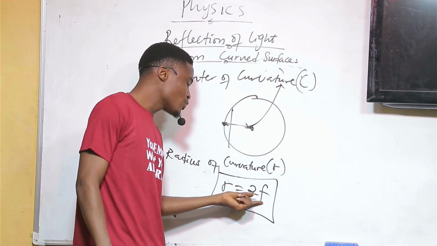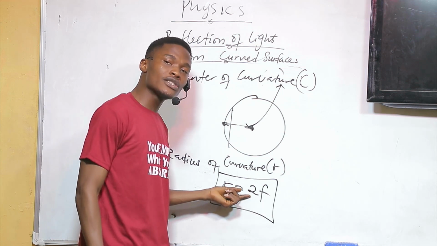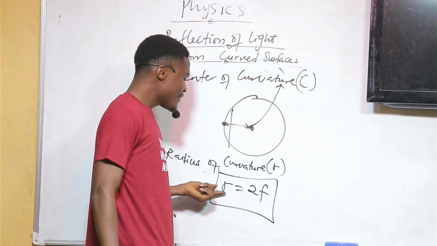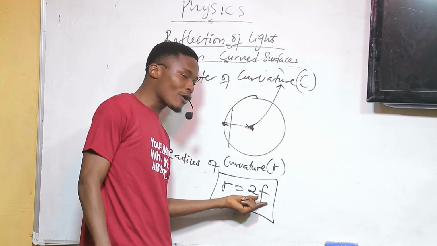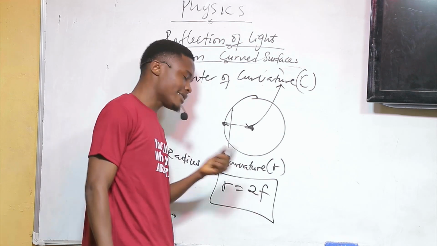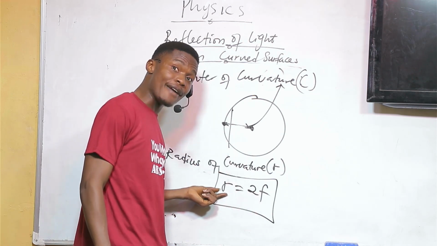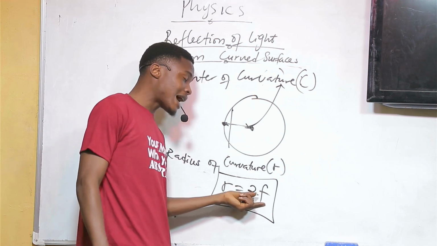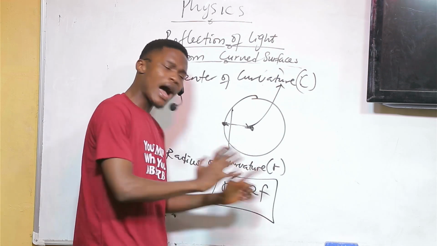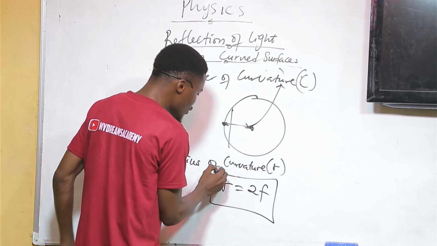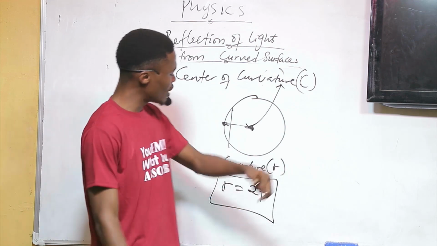It is 40 divided by 2, which gives 20. If radius of curvature is 20, focal length is 10. If radius of curvature is 25, focal length is 12.5. You should know how to convert between both of them, but always remember that formula: radius of curvature is 2 times focal length.